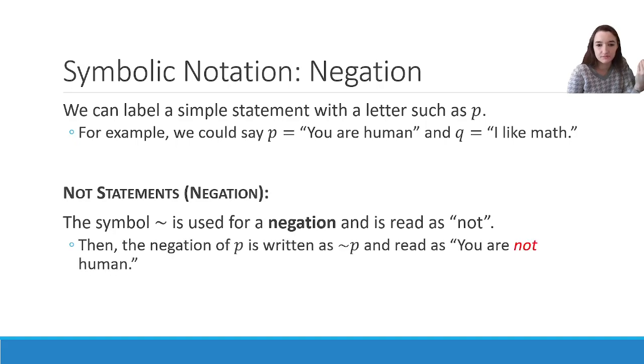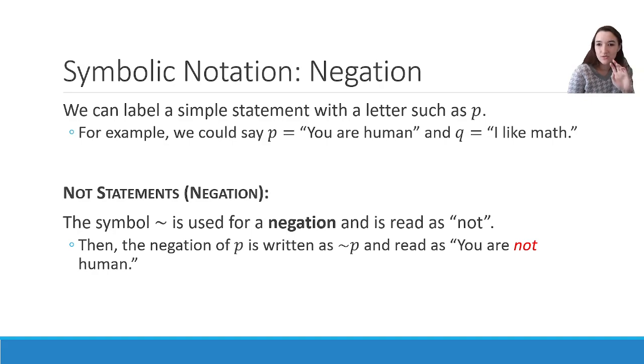So the negation of P is written as tilde P, or not P, and would be read as you are not human. So if we have P defined as you are human, then tilde P becomes you are not human. So anytime you see a tilde next to a statement variable, it just means you add a not to the original statement. That's the simplest one just because it's only dealing with one statement.